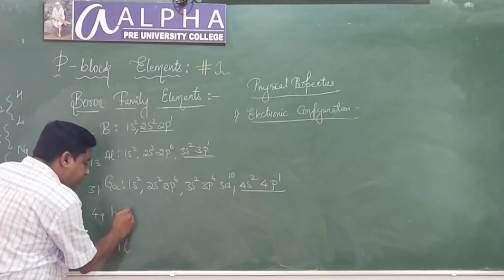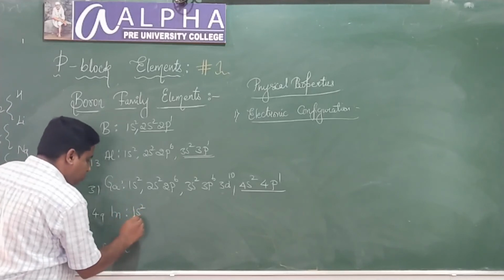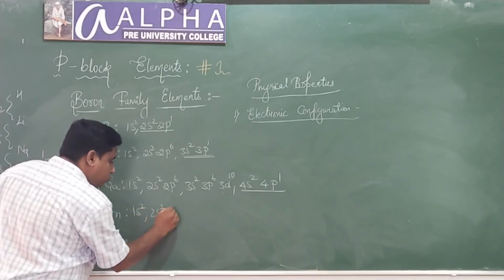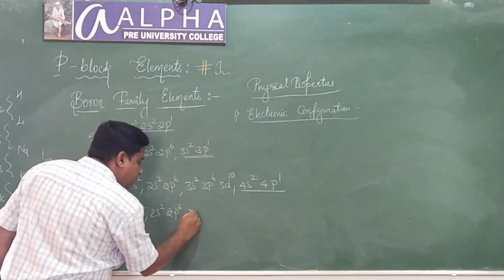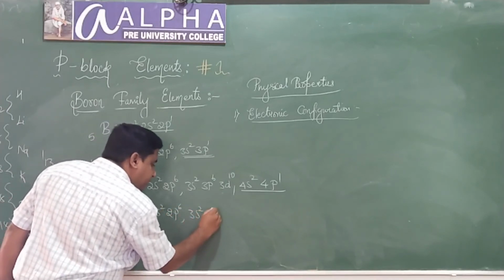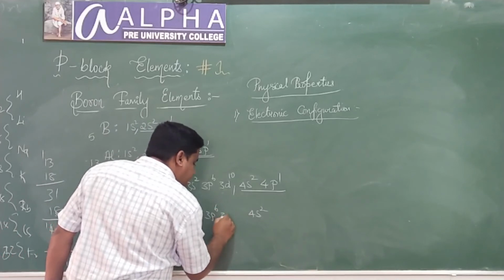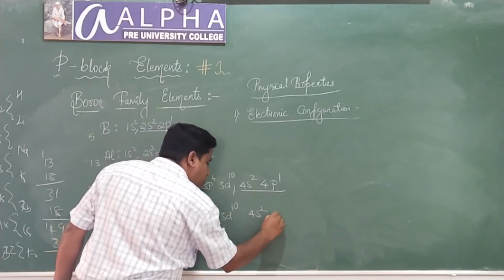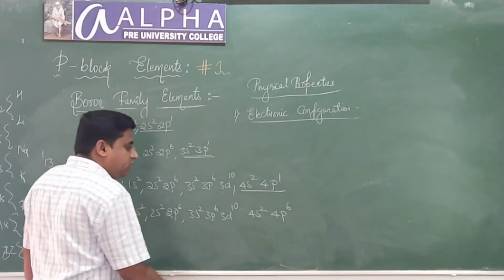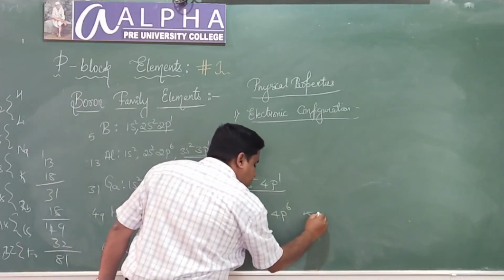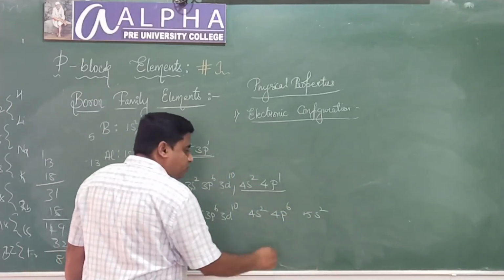And then how about indium? It is 1s2, 2s2, 2p6, 3s2, 3p6, 4s2, then 3d10, 4p6, 5s2.